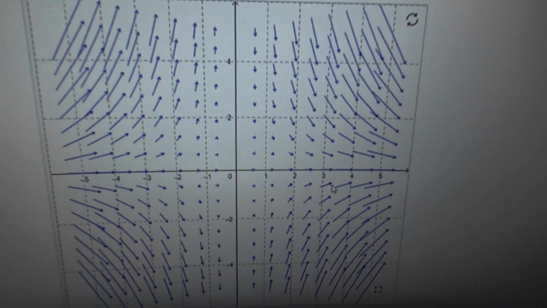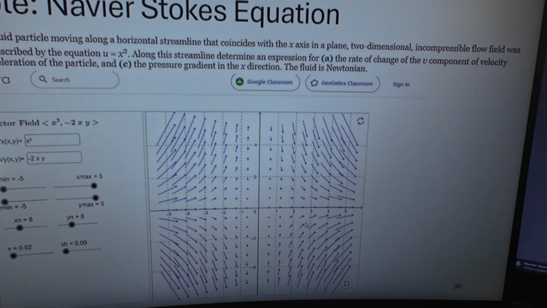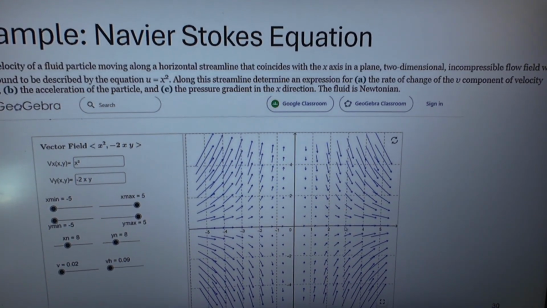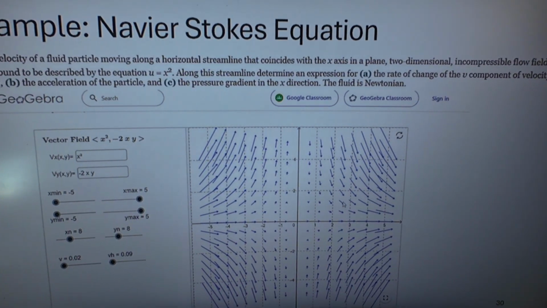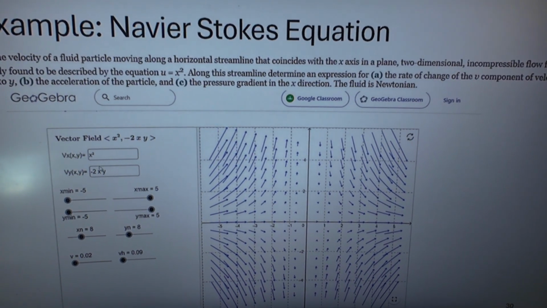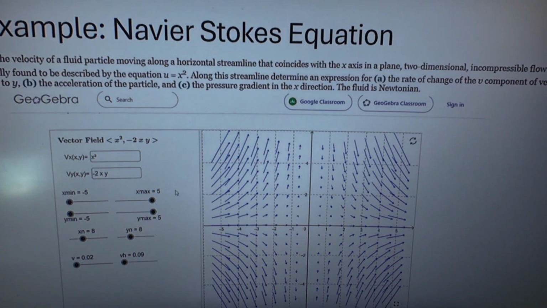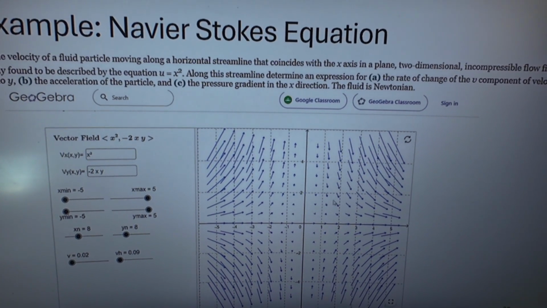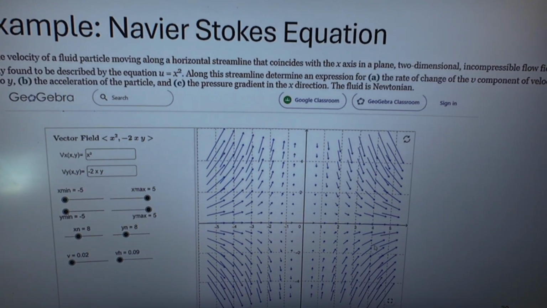Here you can see along the x-axis the fluid flow is just in the x direction. There is no y component there. That's what it means when it coincides with the x-axis, as we read in the problem earlier. If you have your x and y velocity functions and pick points to graph, this is what your fluid flow will look like for this problem.